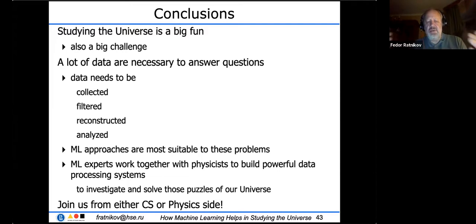As a result, that brings us to investigation and apparently to a solution for the very strange puzzle set in our universe. I suppose you are young people looking forward to putting yourselves on some track, and this is a very interesting direction to join the exciting efforts from either the computing science or the physics side. Thank you.